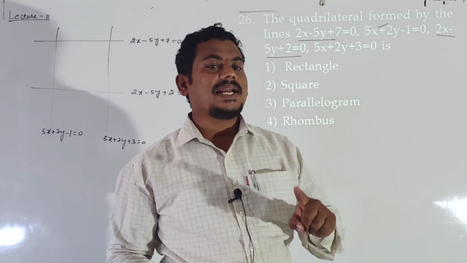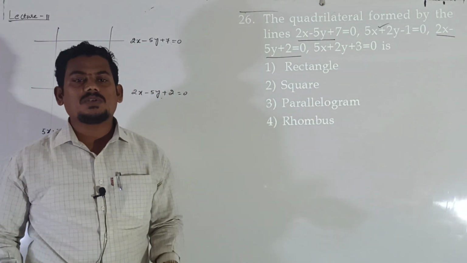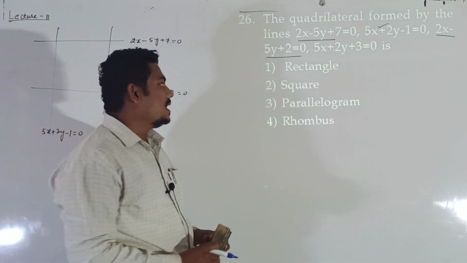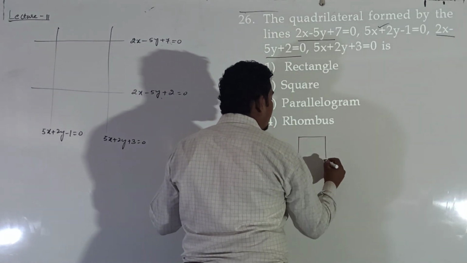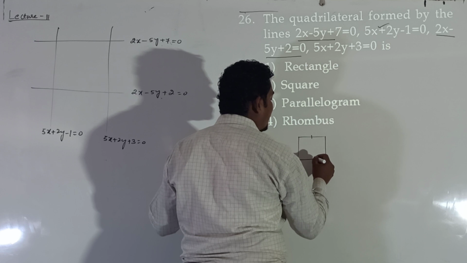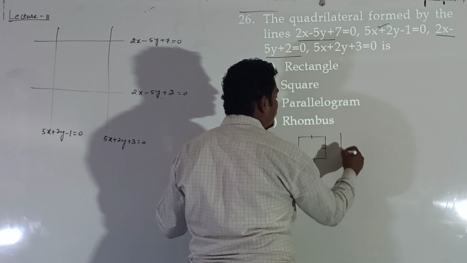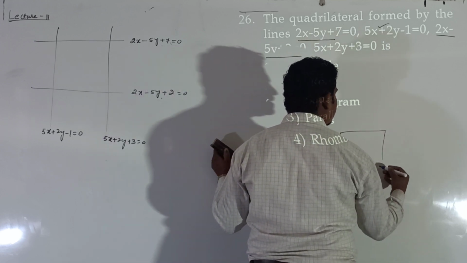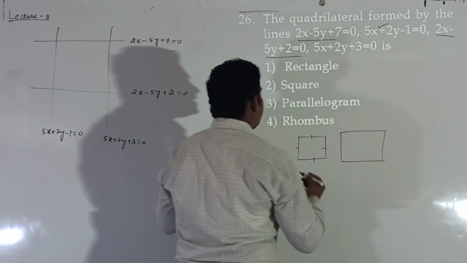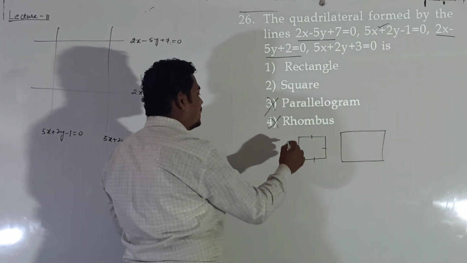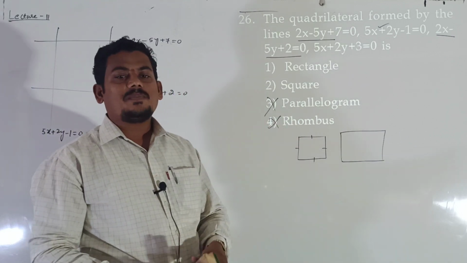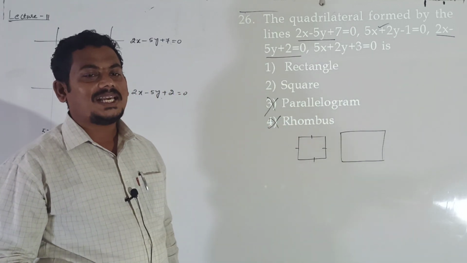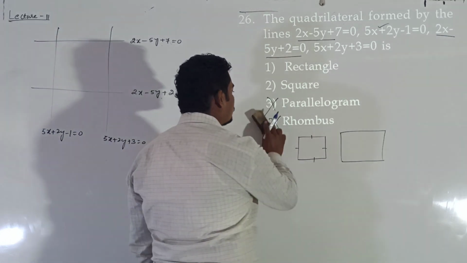In a square and a rectangle, opposite sides are parallel. In a square opposite sides are parallel, and in a rectangle also opposite sides are parallel, which means these two options are not possible. Opposite sides parallel means the given quadrilateral may be a rectangle or a square, right?